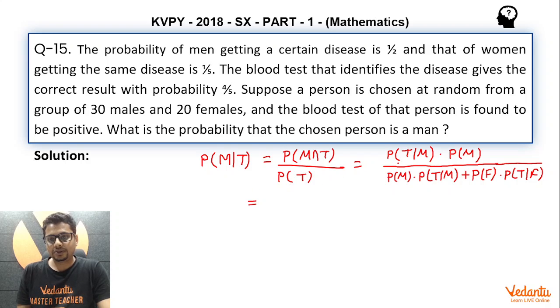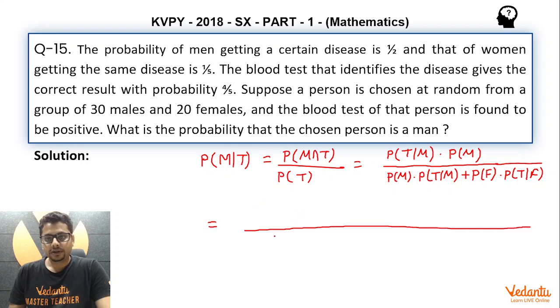So what does it turn out to be? Here, if we evaluate the denominator first, since there are 30 men and 20 women, the probability that the person chosen is a man is 30 by 50, you may say 3 by 5. Now, given that the person is male, what is the probability that the test would turn out to be positive?